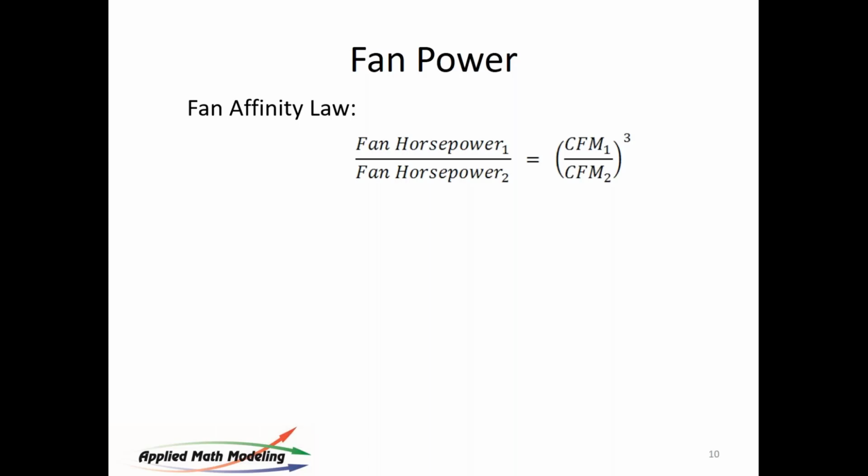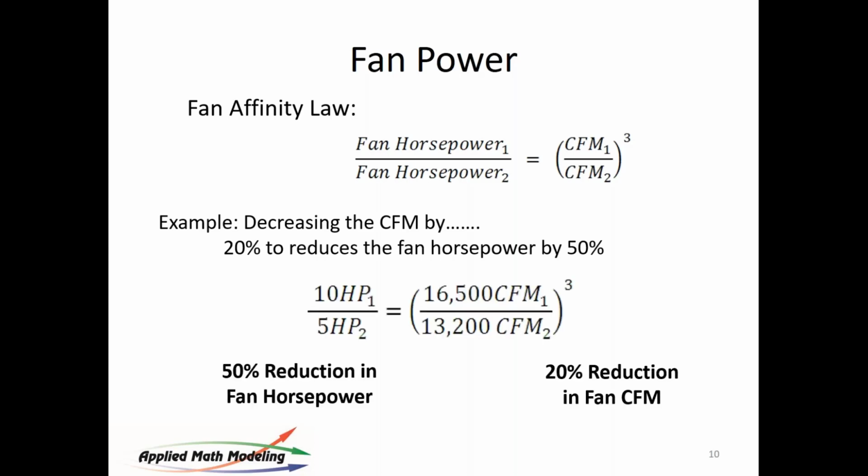The other law or relationship I wanted to point out is the fan law. And this simply says that the fan horsepower and speed of the fan have a cubic relationship with respect to energy consumption. Specifically, the amount of energy required to drive a fan is equal to the cube of the ratio of the two speeds before and after.